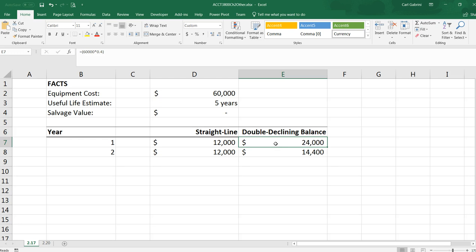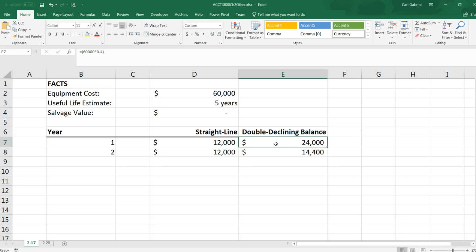Now, again, this is all a management estimate. It does not necessarily reflect the actual life of a piece of equipment. There are plenty of pieces of equipment in use today that have been depreciated fully for years and years and are still being used to generate revenue for a firm.